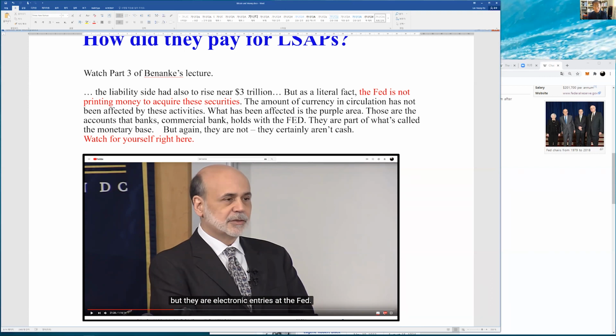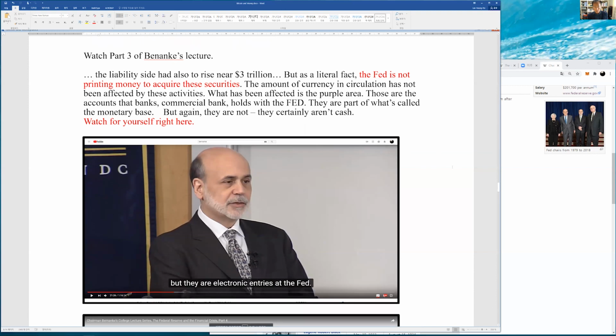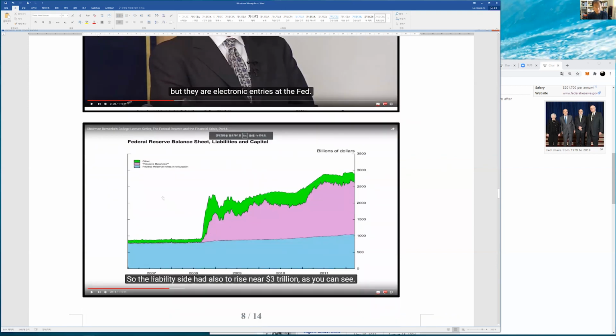So the mortgage-backed securities appear on the asset side of the Fed, and on the liability side they have the same amount appear. This is the Federal Reserve balance sheet, liabilities and capital. This is the amount of US dollars in circulation, Federal Reserve notes in circulation, and the reserve balance increased by this much, and a little bit of others.